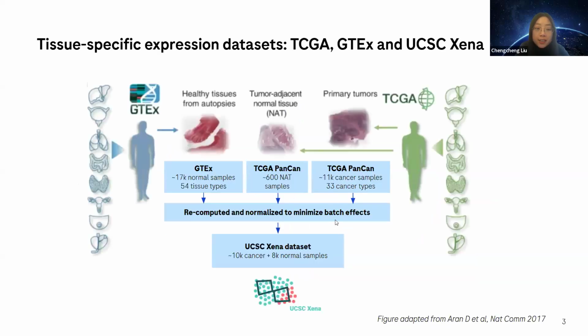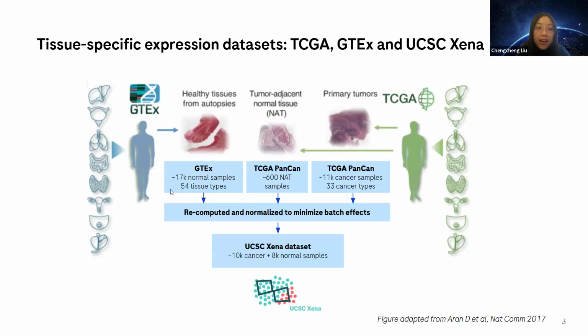And for bioinformaticians, I guess the most well-known expression databases should be GTEx and TCGA. GTEx is an encyclopedia of normal tissues with 17,000 normal samples of 54 tissue types. And TCGA pan-cancer is the most comprehensive cancer dataset with 11,000 samples of 33 cancer types, and also a few hundred adjacent normal samples.